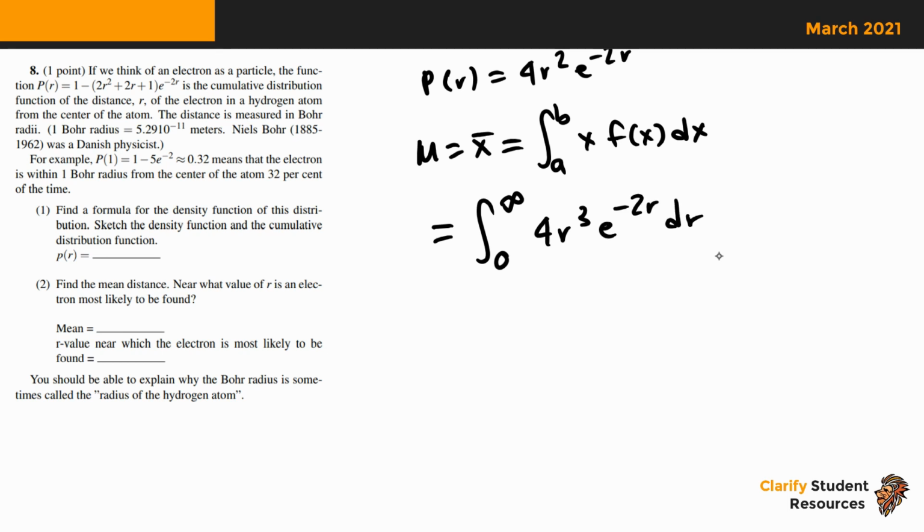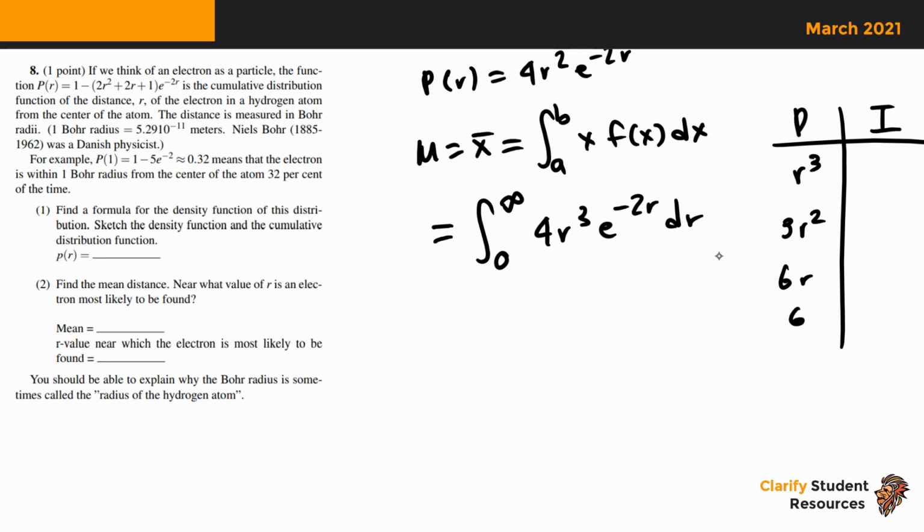Okay, so whenever you find a polynomial like this, which is going to terminate, you can use the DI method. The DI method has derivatives and integrals, and we want to put the derivative side on the side that terminates: r cubed, 3r squared, 6r, 6, and then 0.